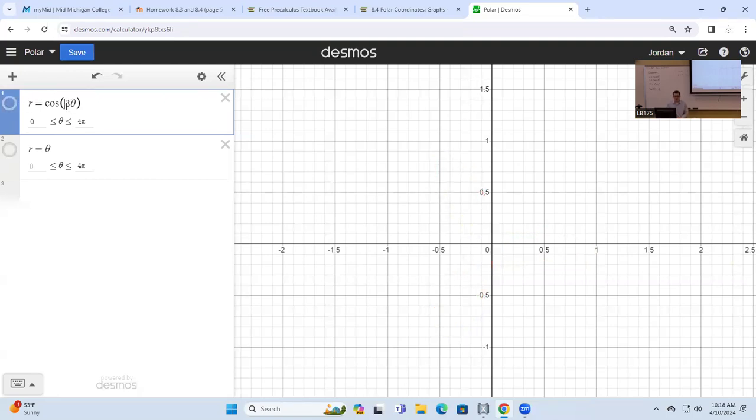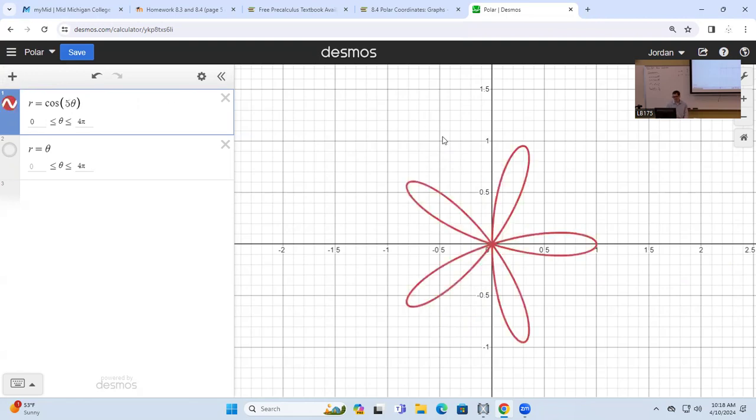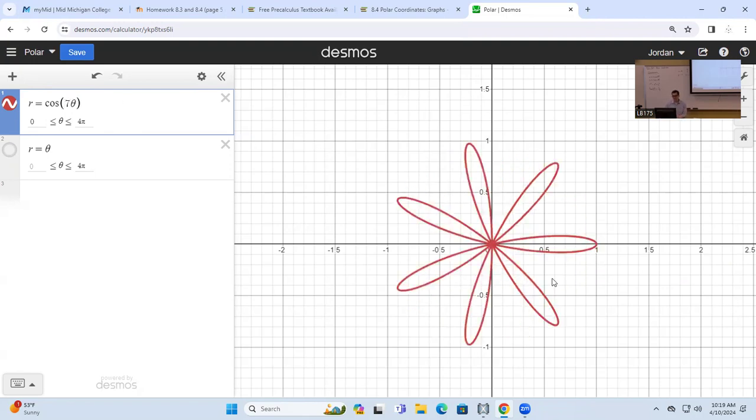What do you think is going to happen if I do 5 theta? We're going to get 5 loops, right? There it is. And if I did cosine of 7 theta, I get 7 loops. These are often called flowers or rose graphs. There's a bunch of different names for them. I just call them flowers.